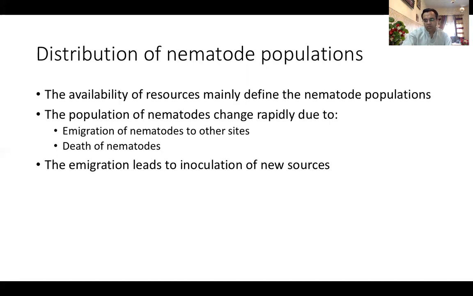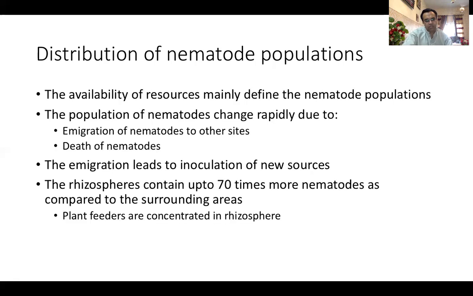Emigration is because of some unfavorable conditions that develop in one area, and the nematodes then move from that place and find some other place where they can live and feed.